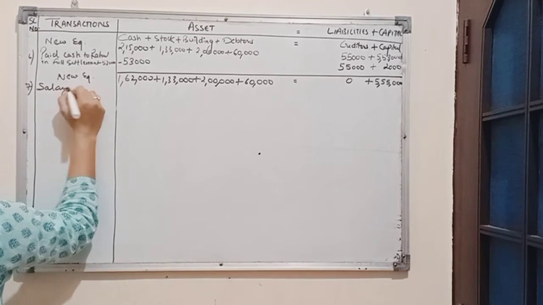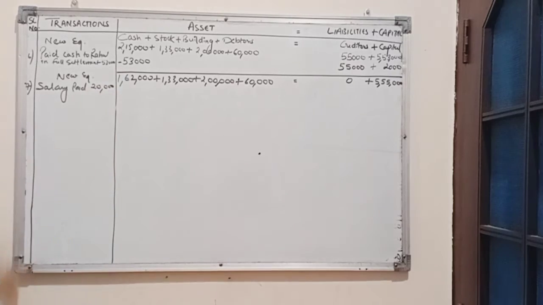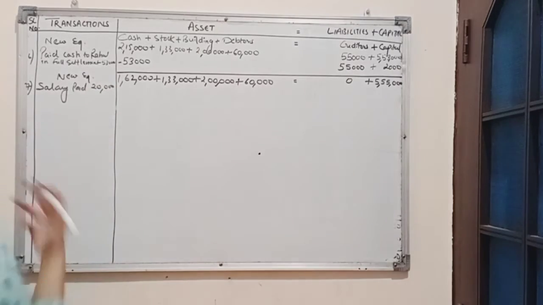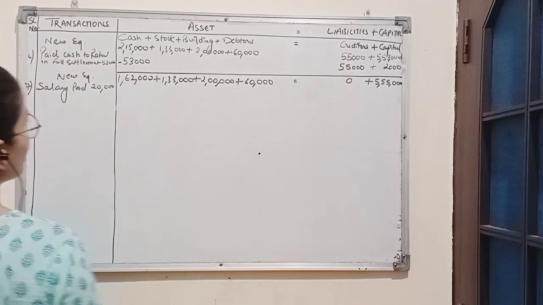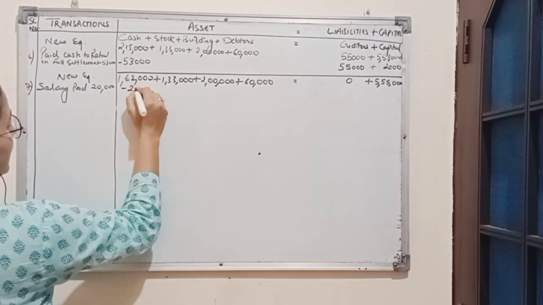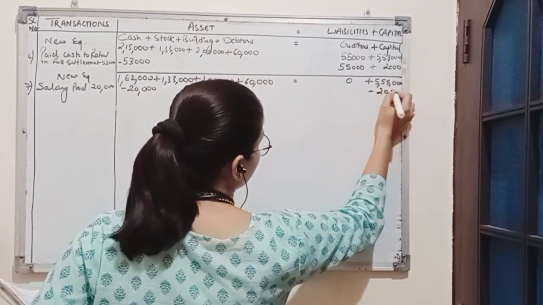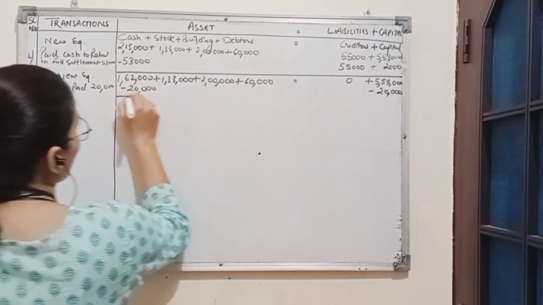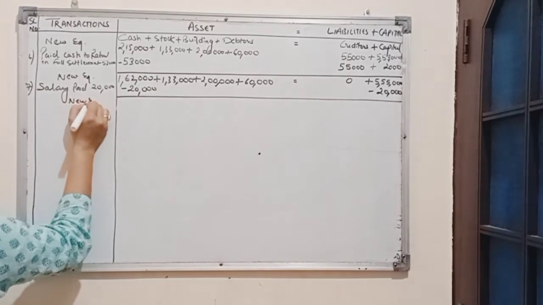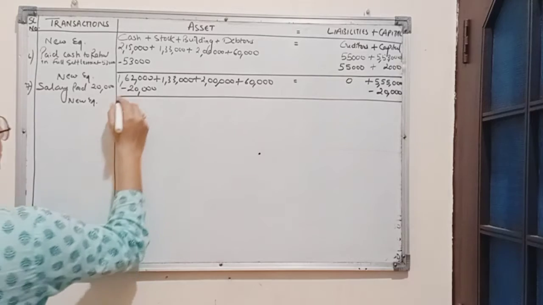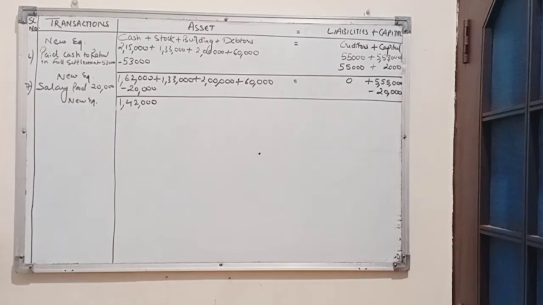Salary paid amounting to rupees 20,000. So salary is an expense and expense is deducted from cash as well as capital column. So we will deduct 20,000 from cash column and 20,000 from capital column. By solving these equations, we will get a new equation here where cash is amounting to rupees 1,42,000.